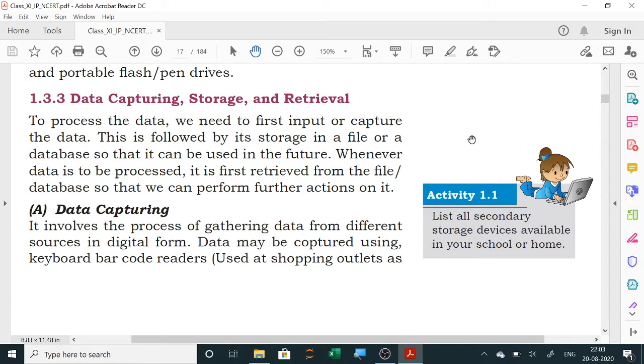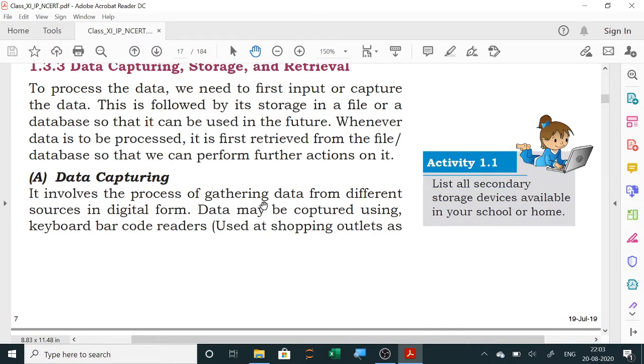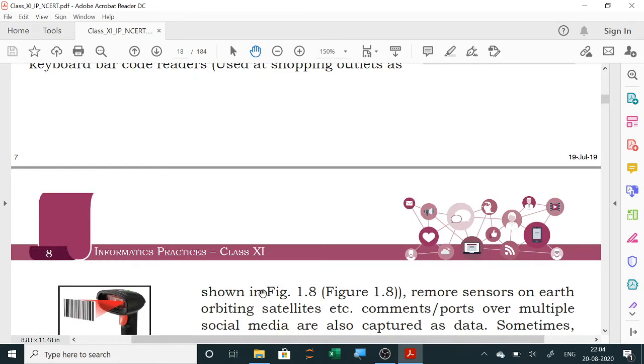Next is data capturing. From any input device, you can capture the data. It involves the process of gathering data from different sources in digital form. So, we are gathering or collecting the data from different sources. Data may be captured using keyboards, barcode readers used at shopping outlets, as shown in the figure.